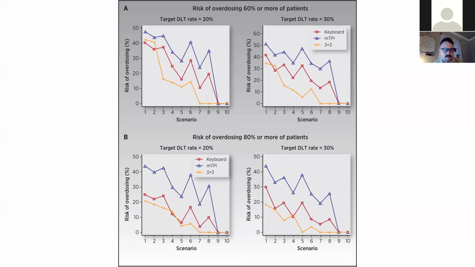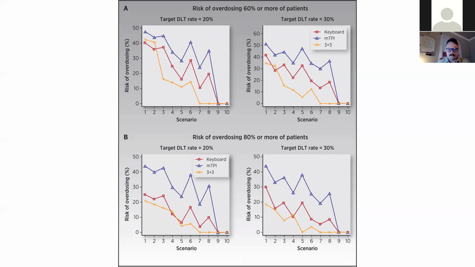And as we can see, the MTPI, due to that issue I pointed out earlier in terms of the overdosing interval, is going to have a substantially higher risk across all the scenarios of overdosing more patients, except for the last two scenarios where we're just hitting the MTD at dose level 5.